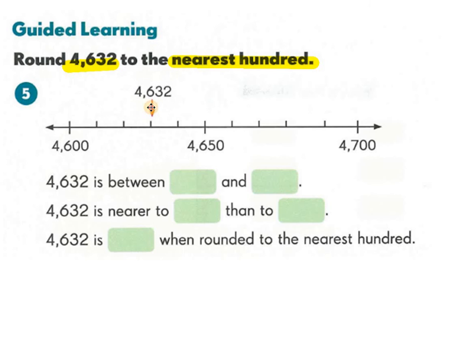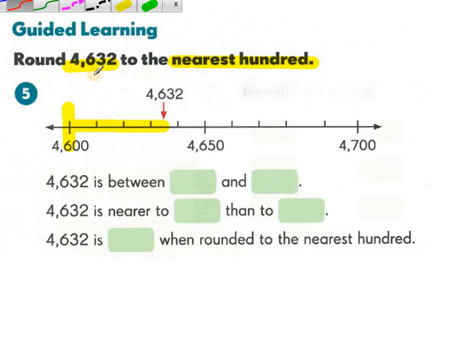But it's more than 4,600. Excuse me, I keep saying 6,000. It's more than 4,600. So it goes up right about there. And I'm rounding to the nearest 100. So I'm pretty sure that this number is going to round down to 4,600.